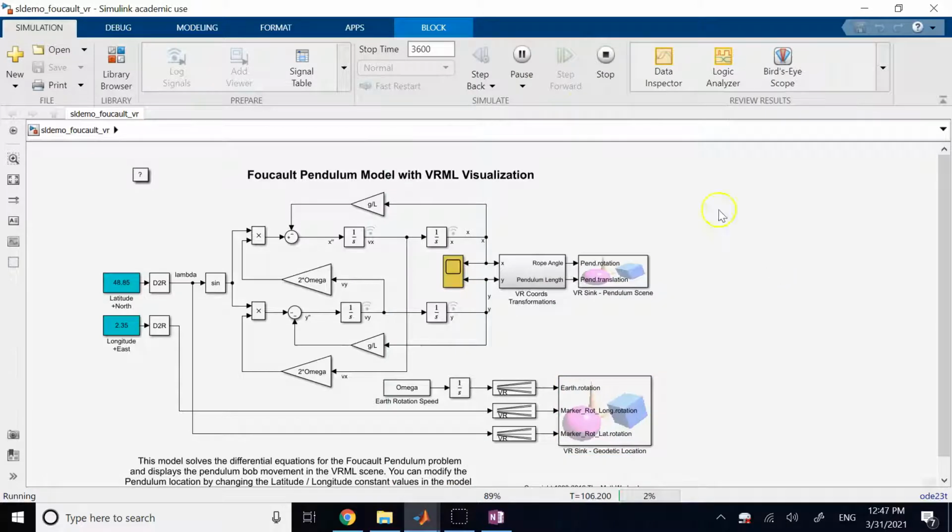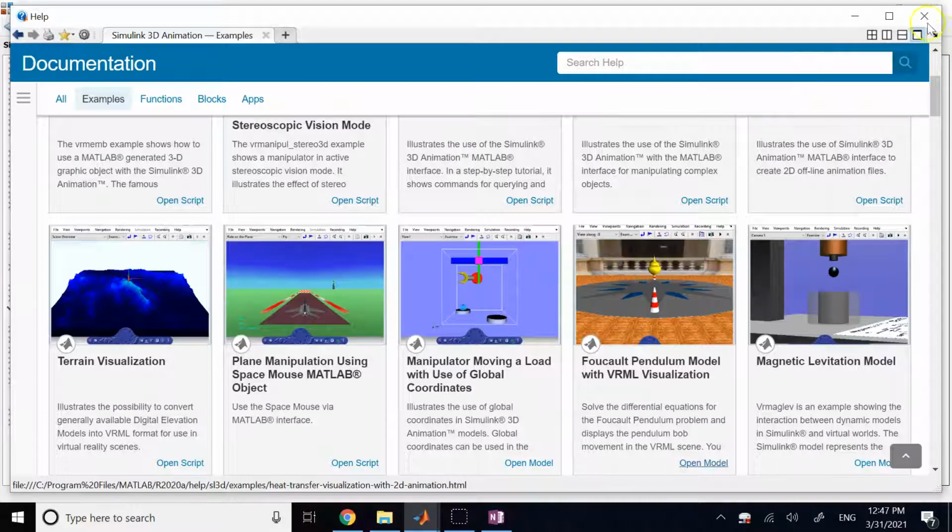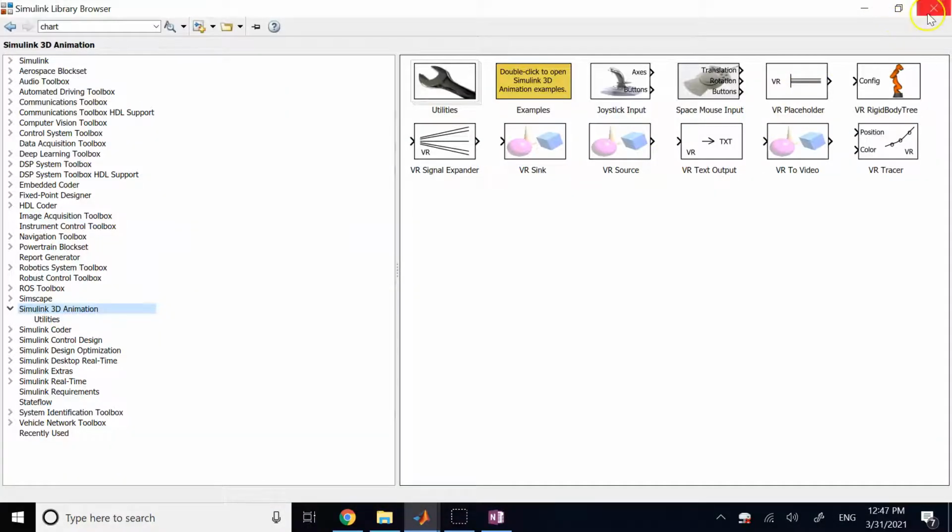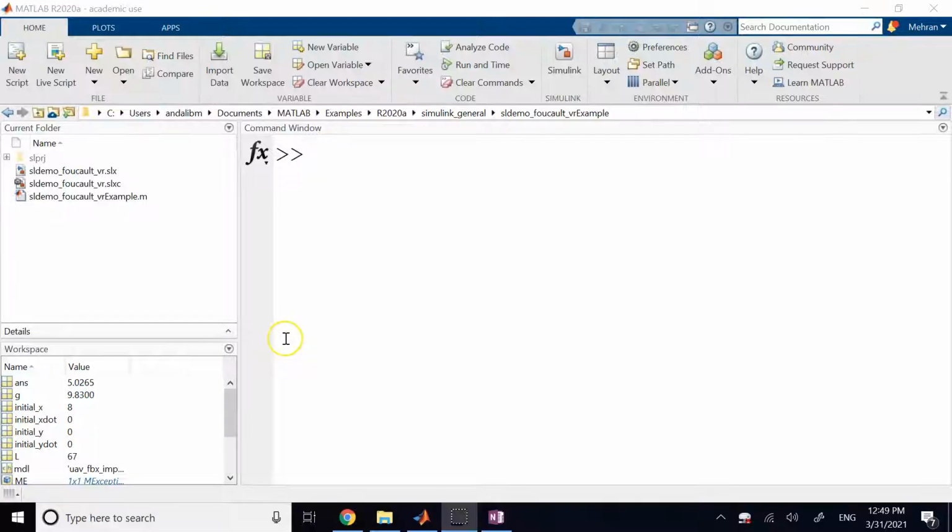Okay, so hopefully I could teach you some basics of this amazing, powerful tool and convince you to go and learn more about Simulink and MATLAB in general on your own.